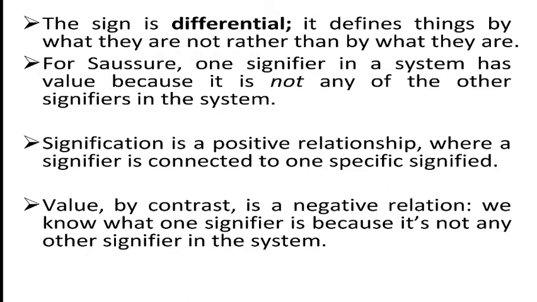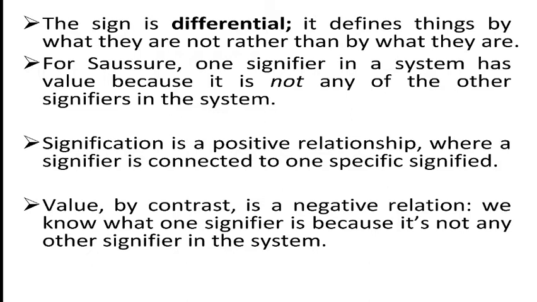This is the way we usually think about how language works, where a word designates a thing, or in Saussure's terms, a sound image designates a concept. In a relation of signification, meaning occurs because one thing, a signifier, is linked to another thing, signified. And this is a binary pair.